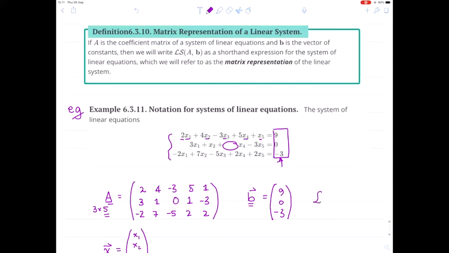So we can write curly L, A, B as a shorthand expression for this system of linear equations, where we know that the A is our coefficients and the B is our constant vector. And this is called the matrix representation of the linear system. So these two matrices together give us the representation.